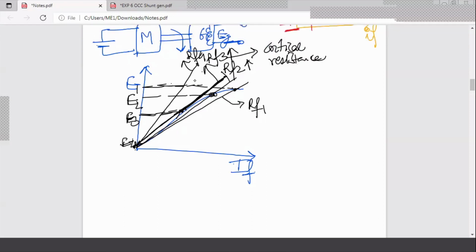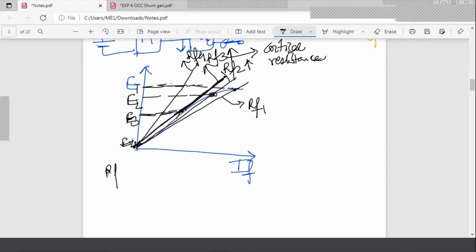Okay, so what is critical field resistance? There is something which is defined here as field resistance RF critical, RF CR. What is this term? This is the maximum amount of resistance which is present in the field circuit above which there will be no successful buildup of voltage and no induced EMF in the machine.